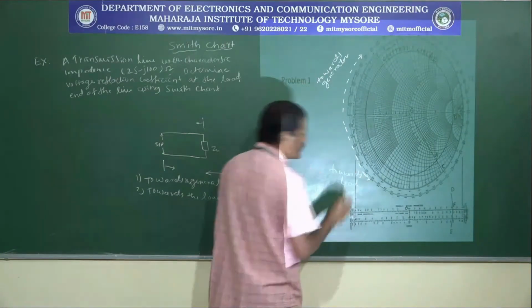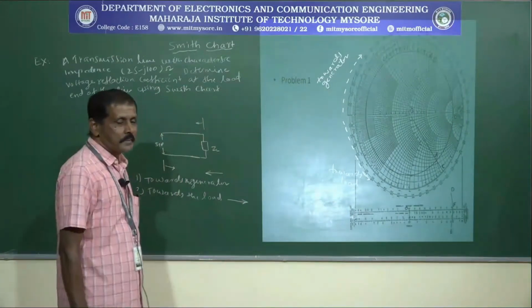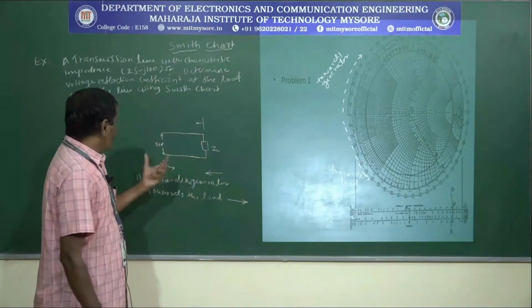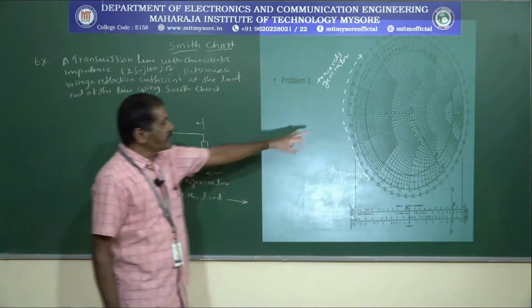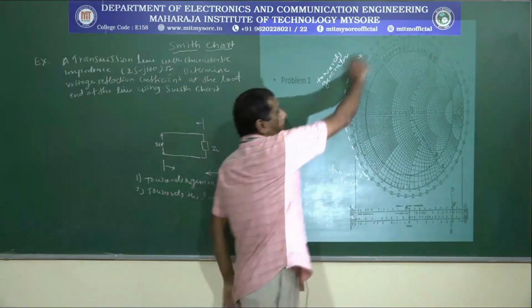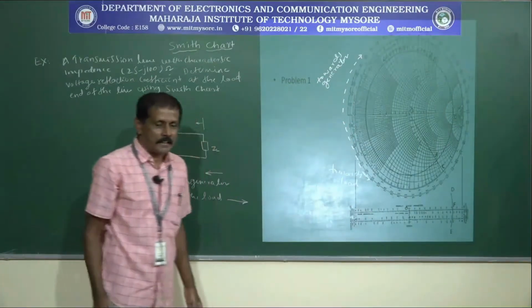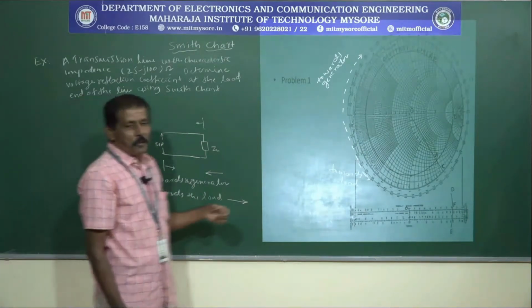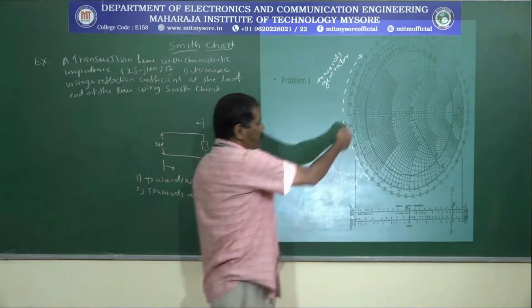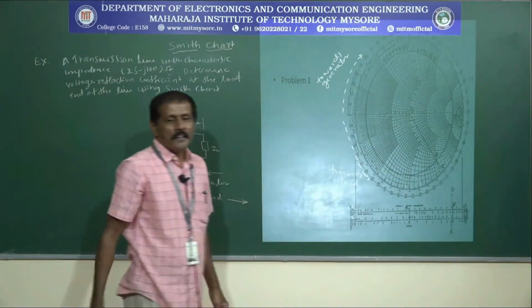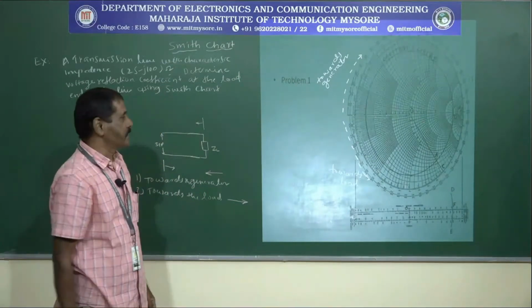So when you are moving toward the generator, from this point we have to move in the clockwise direction, and towards the load, from the same point we have to move in the anti-clockwise direction.